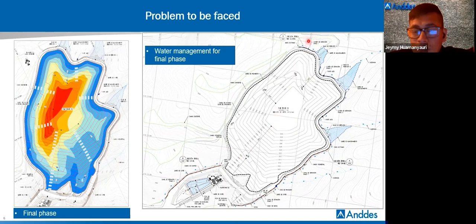The water management is okay during the final phase.